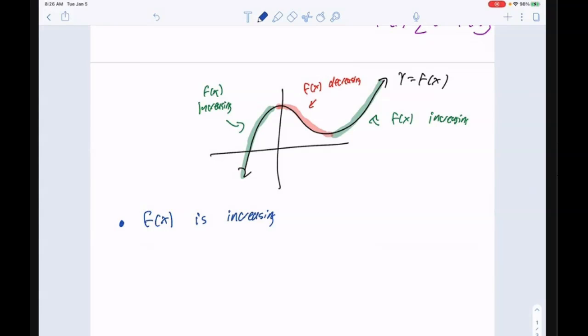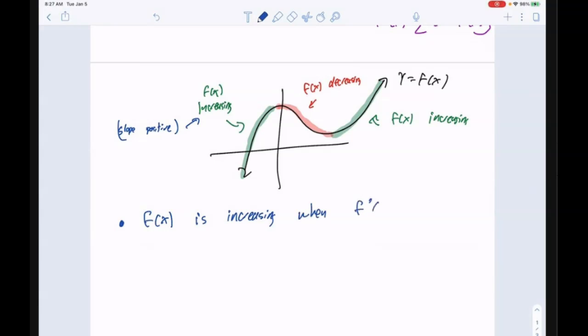All right. Now in calculus, what tells us the slope of a function? What is the slope function? The derivative, so f prime. Perfect.